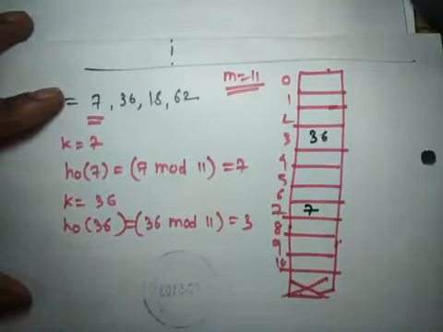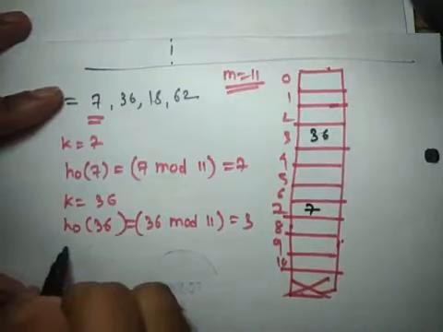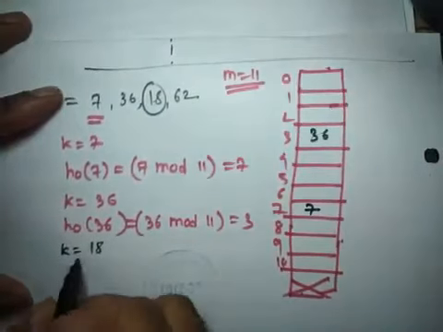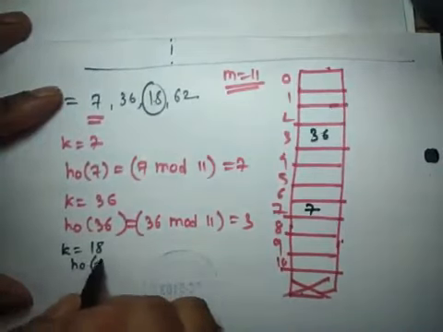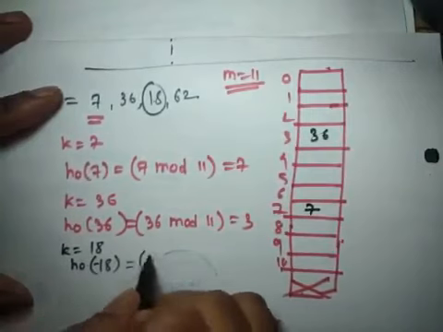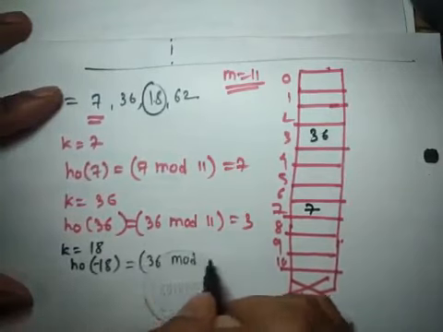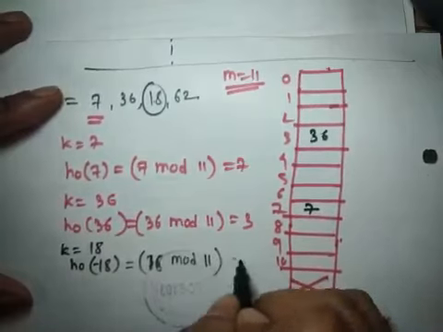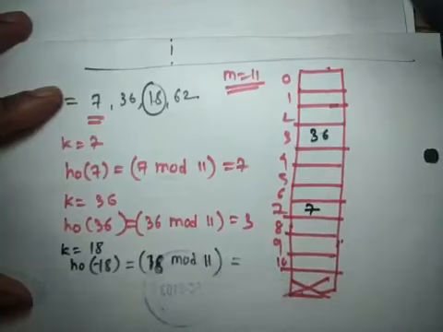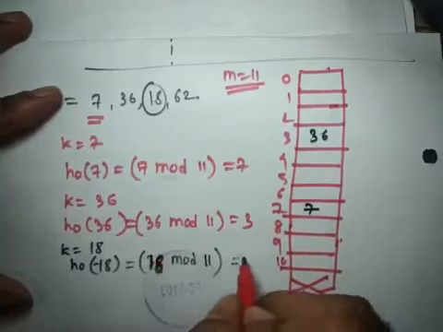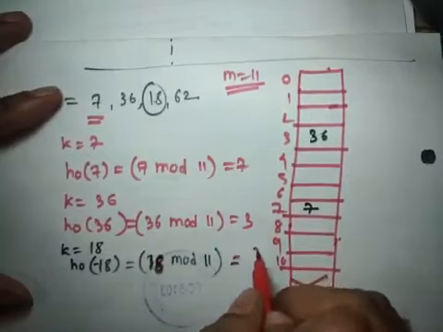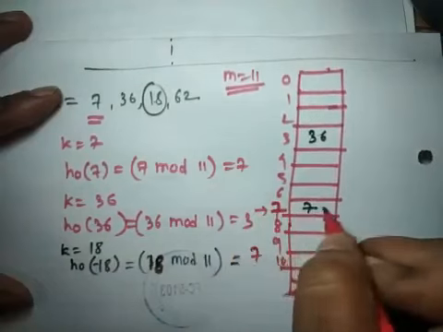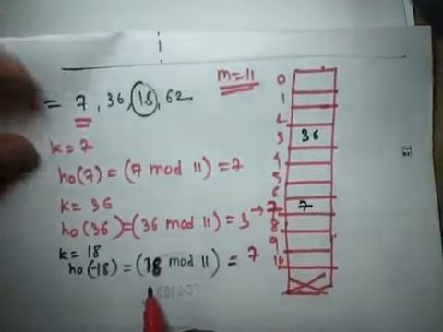Now the next key value is equal to 18. So h of 0 for 18 is equal to 18 mod 11. So this is equal to 7. So a collision occurs, since at address location 7 we already have the element 7.